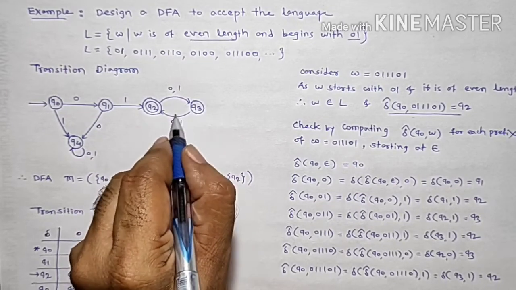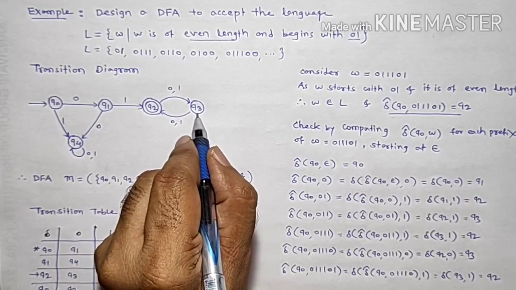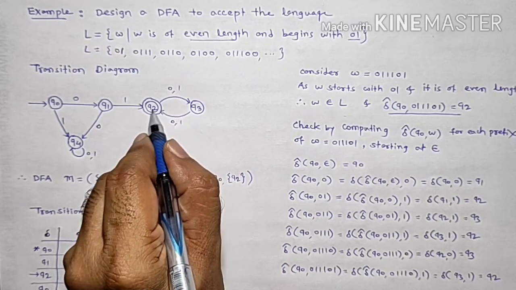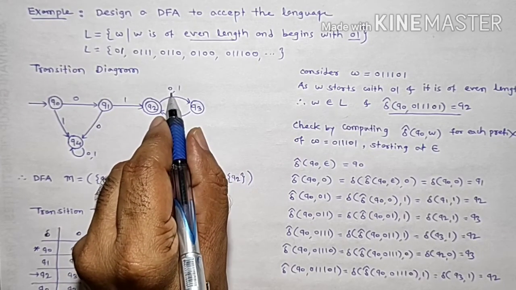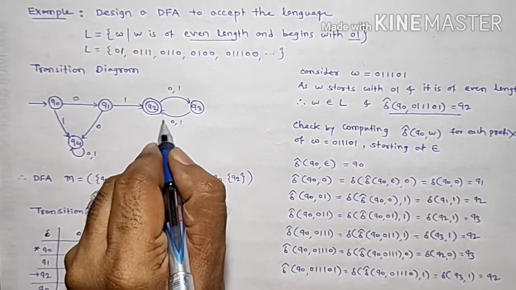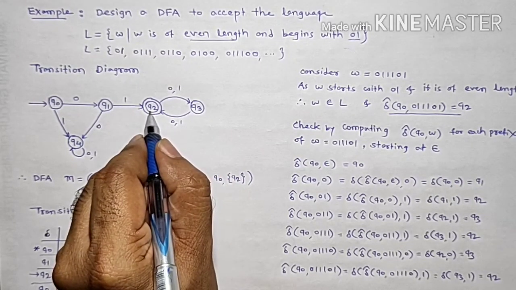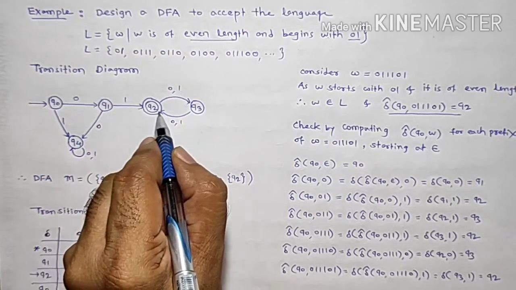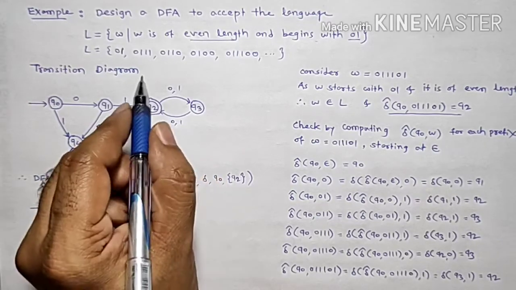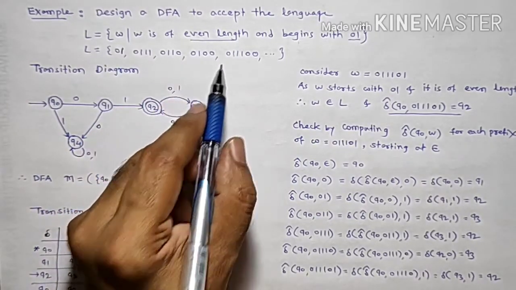By adding this one more state, it is in loop form now, because from Q2 on both input symbols we go to Q3, and again from Q3 on both input symbols we go to Q2. We do this for increasing the length of the string in an even manner.